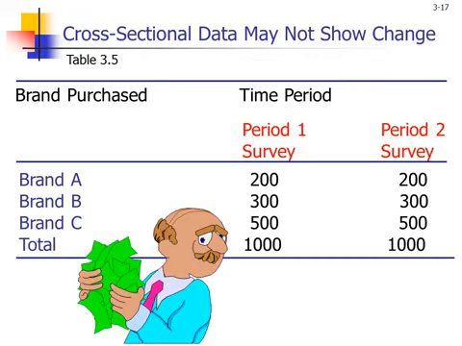The longitudinal data presented in this table show that substantial brand switching occurred during the study period. For example, only 50% of the respondents who purchased brand A in period 1 also purchased it in period 2.